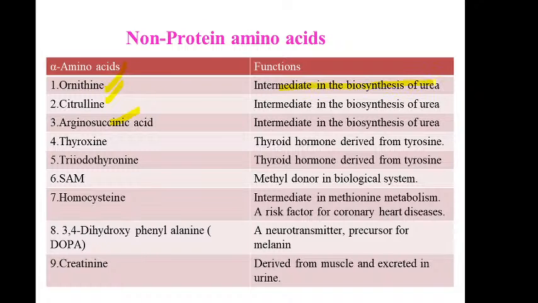Arginine is very important in the synthesis of urea. Citrulline is important in the synthesis of urea. Argininosuccinic acid is an intermediate in the synthesis of urea. Similarly, creatinine is there, which is for excretion in the urine. So these are some amino acids which are not proteinaceous in nature, but they have a very important role to play.